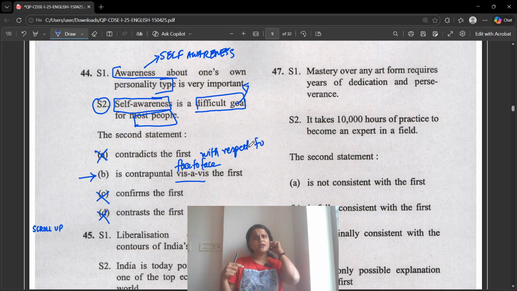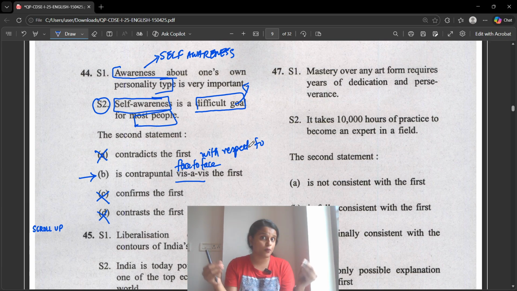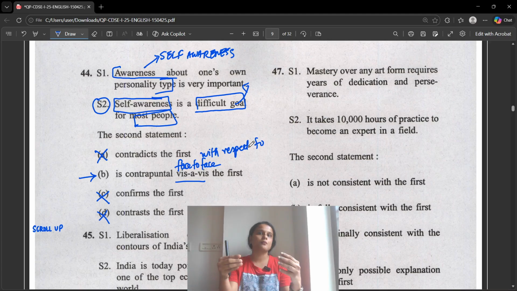Now what do you mean by contrapuntal? Contrapuntal means you are given two independent statements which can exist at the same time. They are similar statements, not opposite statements, independent statements that can exist together. They work harmonically. They're very harmonious.